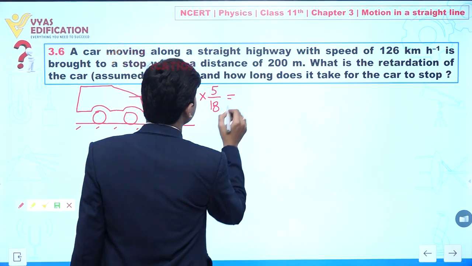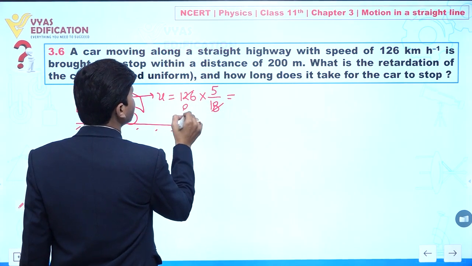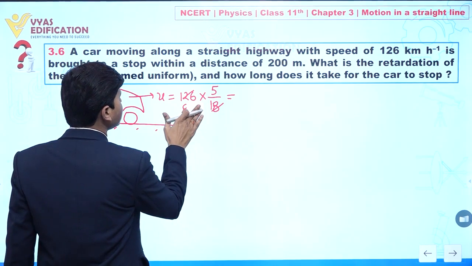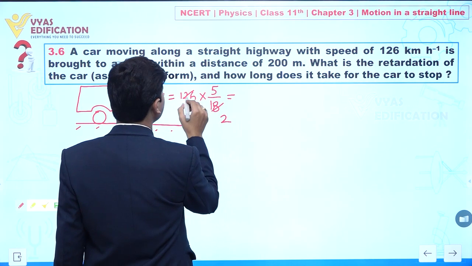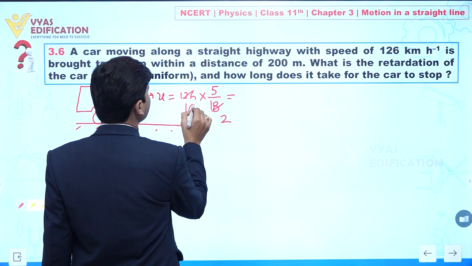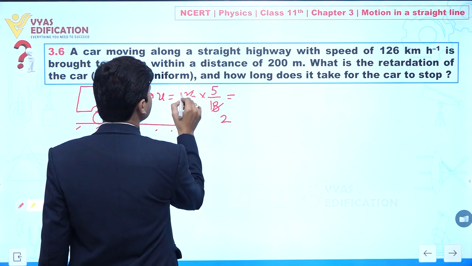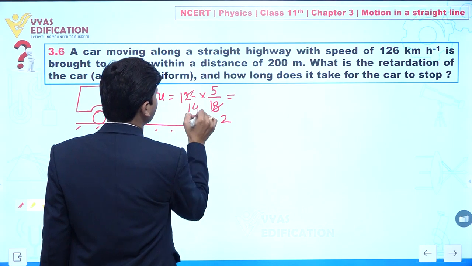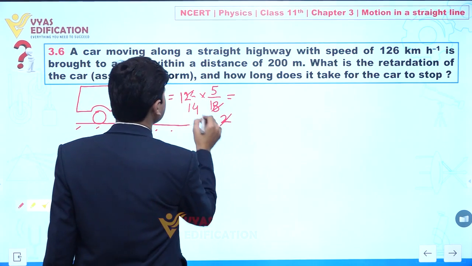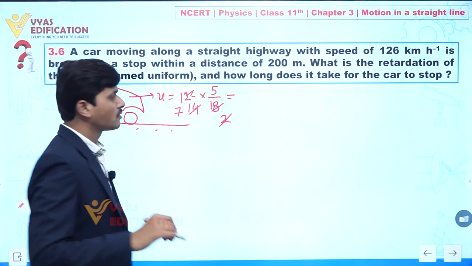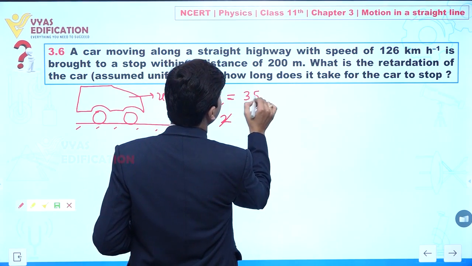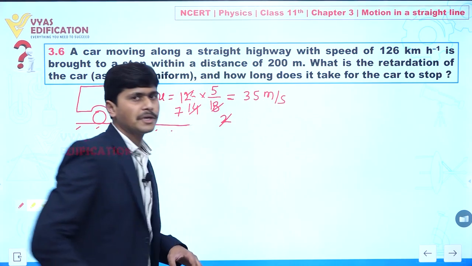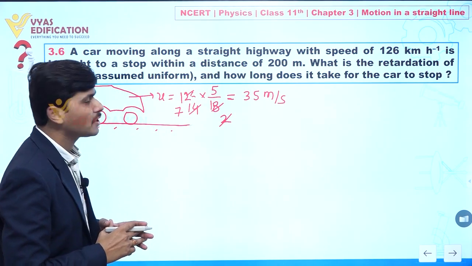Cancelling, 9 twos are 18, 9 ones, and this is 4, and this is 7. So this equals 35 meters per second. So the initial speed of the car is 35 meters per second.